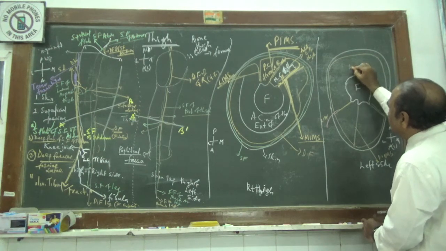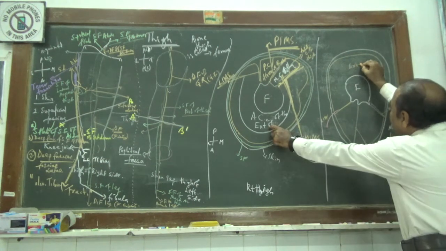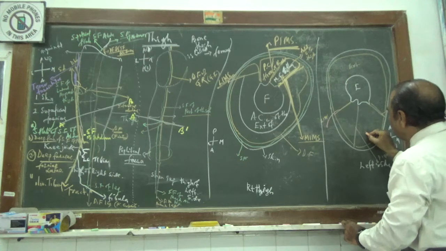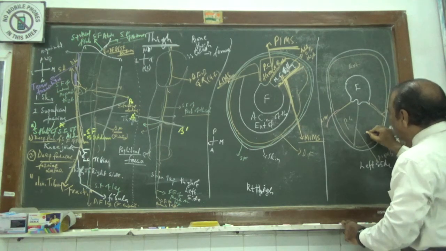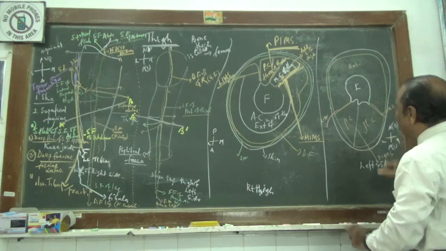So this compartment is the extensor compartment, this compartment is the posterior compartment, and this compartment is the medial compartment.